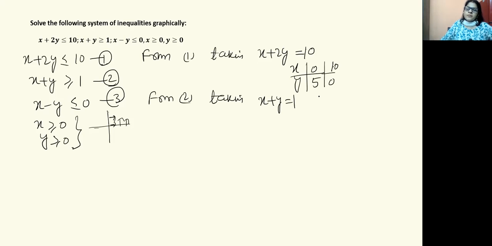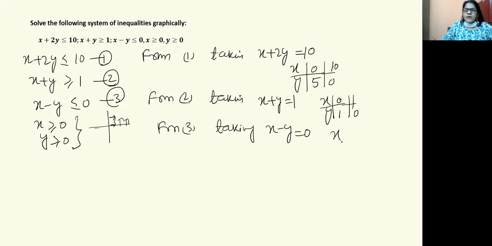For graphing purposes, we have to take the equality sign: (0, 1) and (1, 0). And from 3, taking x minus y equal to 0, you can take (0, 0), then (1, 1), (5, 5), anything of your choice. So we have drawn the tables.